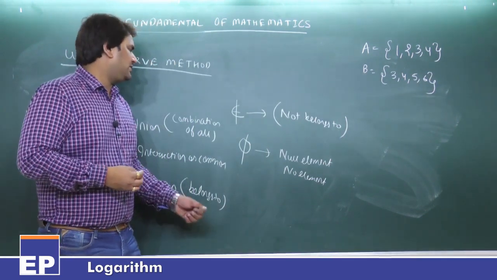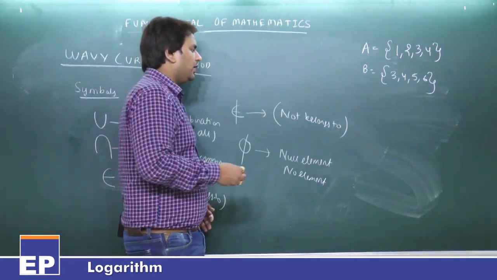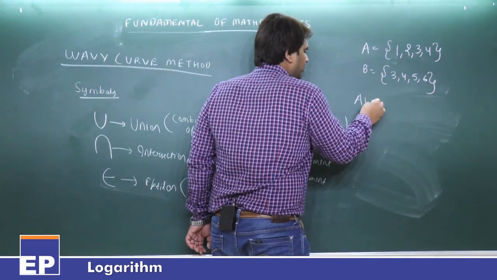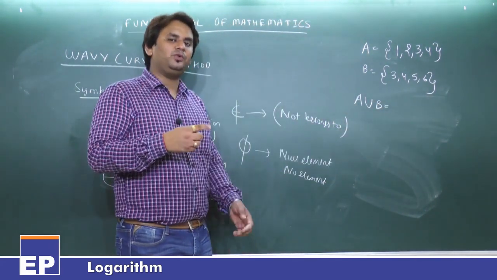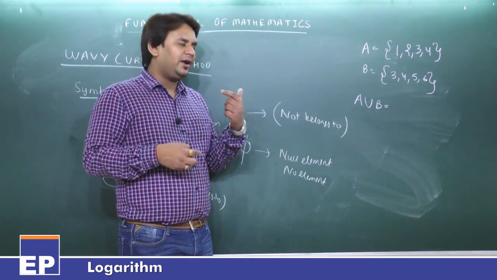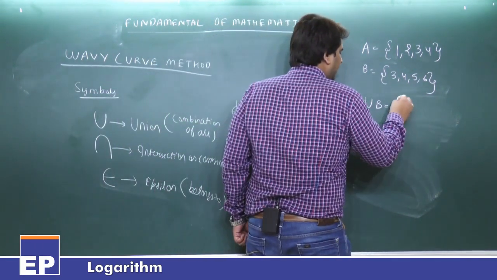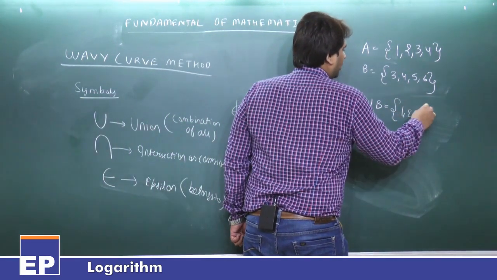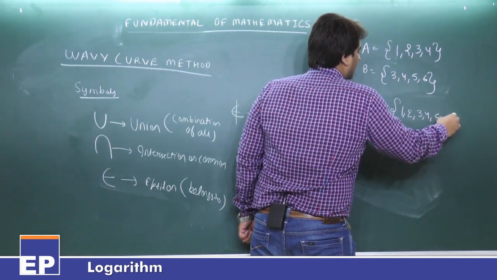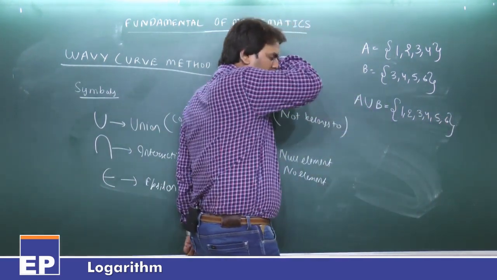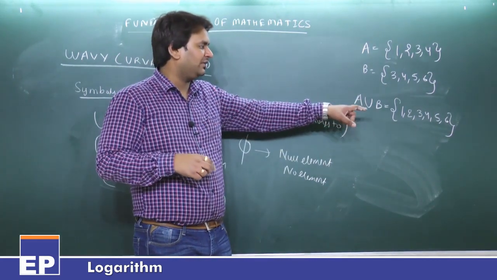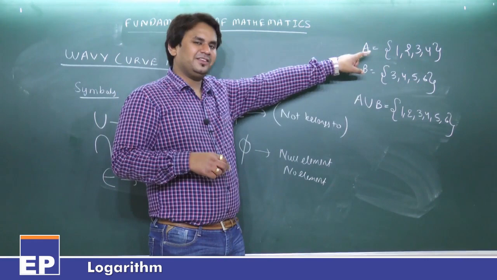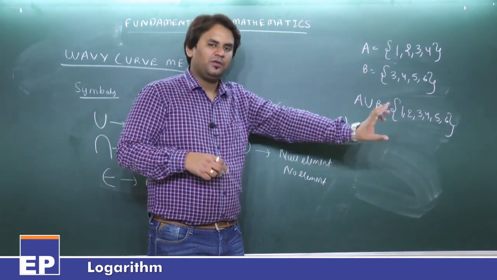U means union, so this is A union B. A union B means you take all the elements of A and B, the elements present in A as well as in B. So A union B will be 1, 2, 3, 4, 5, 6.